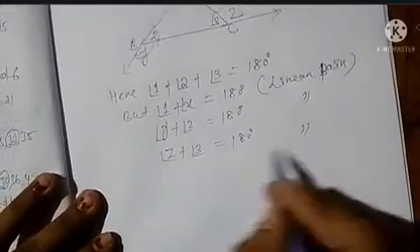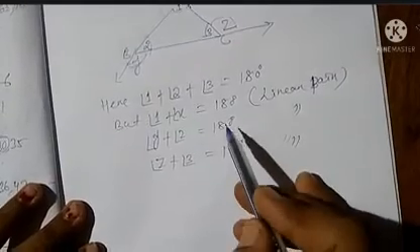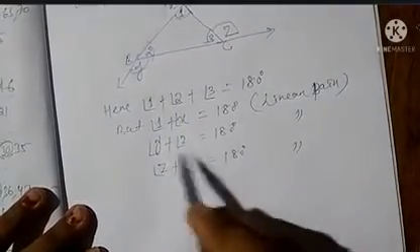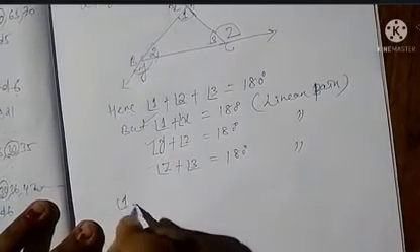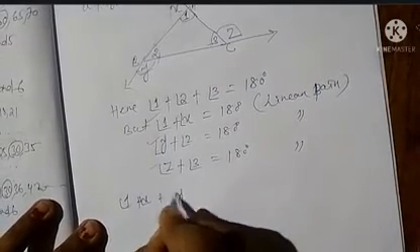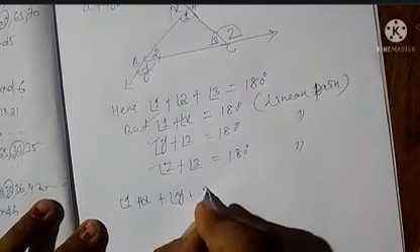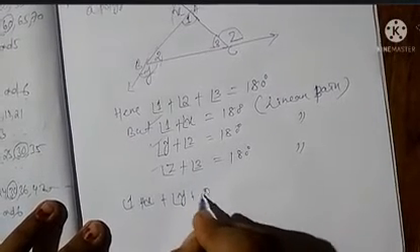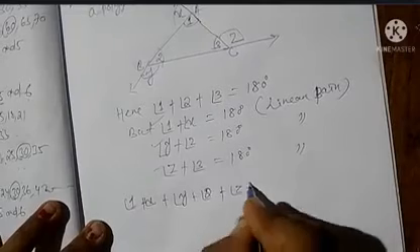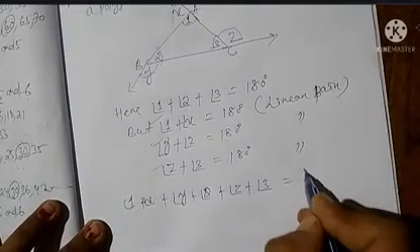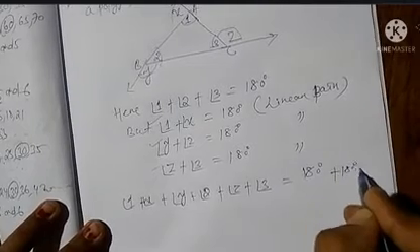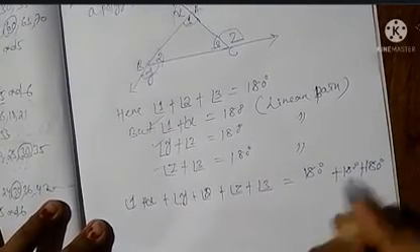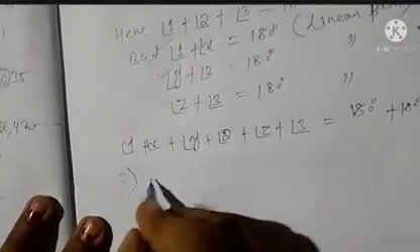Okay. So now we find the sum of all three. Angle 1 plus x, angle y plus angle 2, plus angle z plus angle 3. How much? 180 degrees plus 180 degrees plus 180 degrees. Okay.